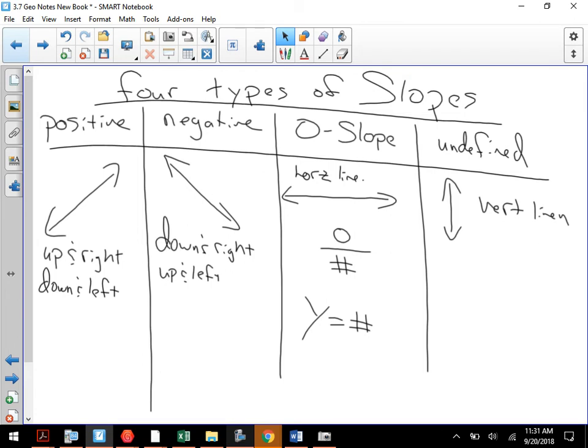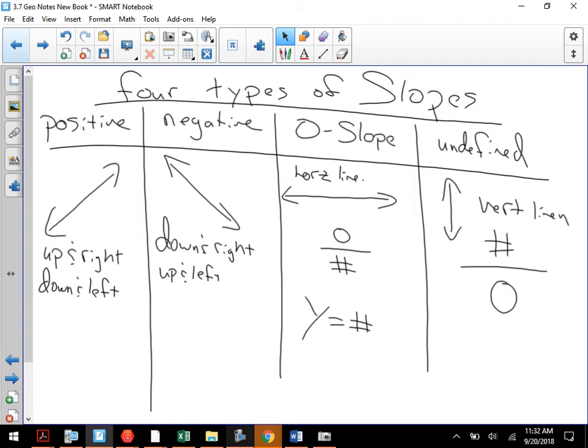So the reason why the vertical line has an undefined slope is because the x value never changes. So if the x value is always the same, what's the same number subtract the same number? So you get 0 in your denominator with some number in the numerator.